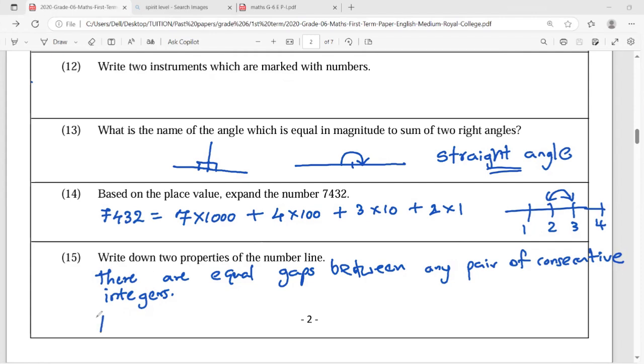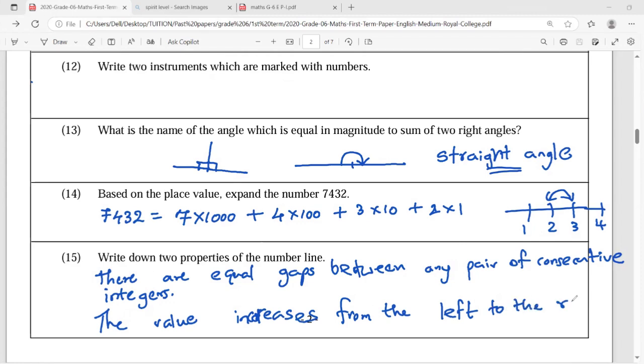And also the value increases from the left to the right. These are the two properties, and also you can find some more.